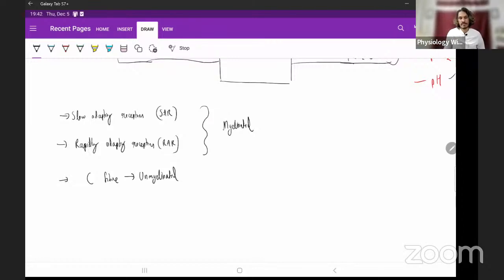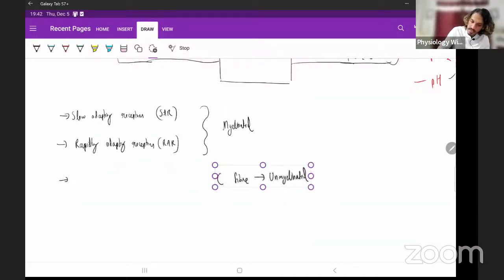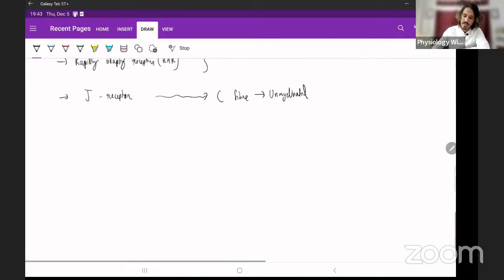So three types of channels are going to be there, and a common example of this is the J receptor. We have a slowly adapting receptor, a rapidly adapting receptor, and a J receptor. What do these three things do? That is what we're going to understand.